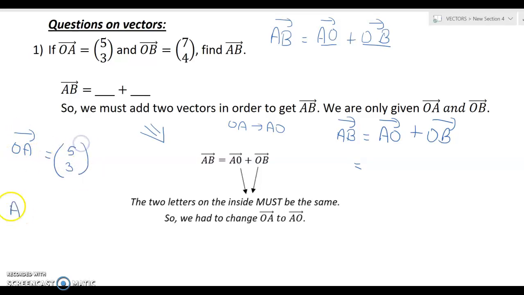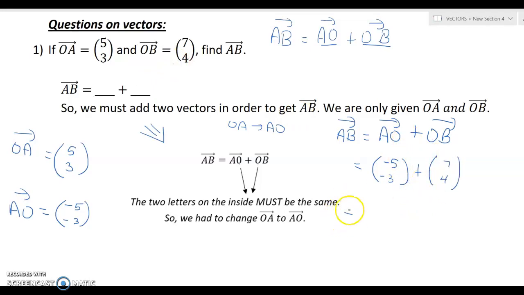Because we switched those letters, for our vector AO we have to switch the signs in each number. A lot of students tend to switch the numbers, meaning put 3 on top and 5 at the bottom, but you just leave the numbers as is and switch the signs. So here we get (-5, -3) plus OB. You already know what OB is, OB is (7, 4).